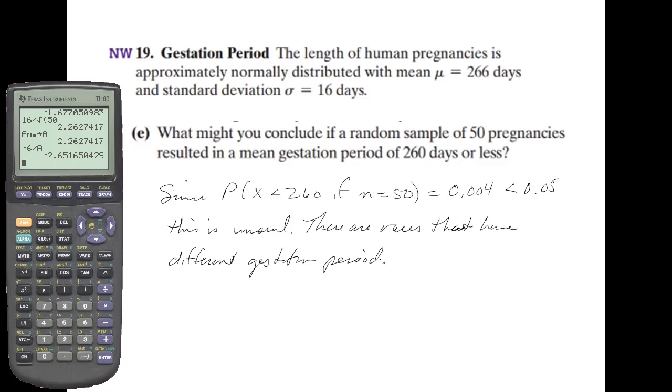There are some races on our planet where the gestation period is somewhere between 33 and 37 weeks. So there is a range of 33 to 37 weeks, and you could just happen to be picking from a population where their gestation period is only 33 weeks.